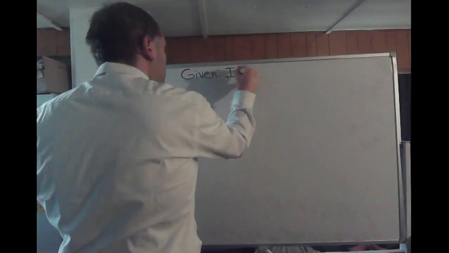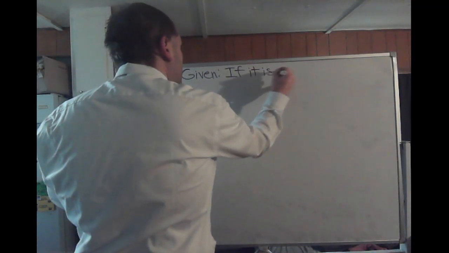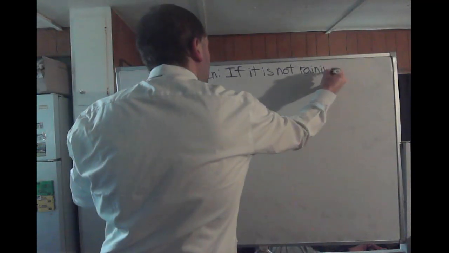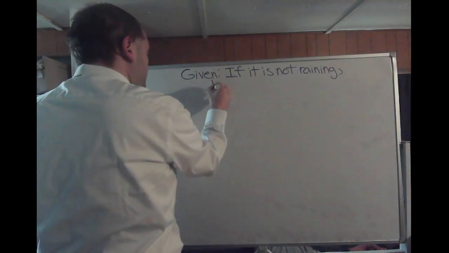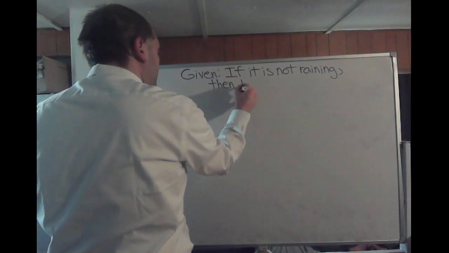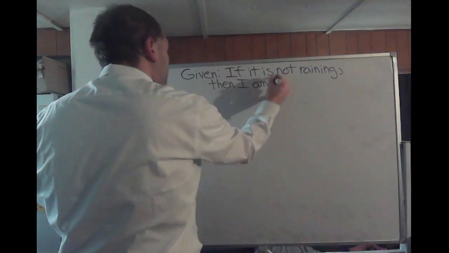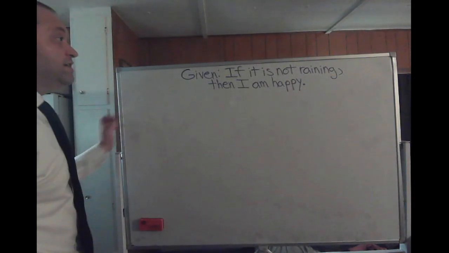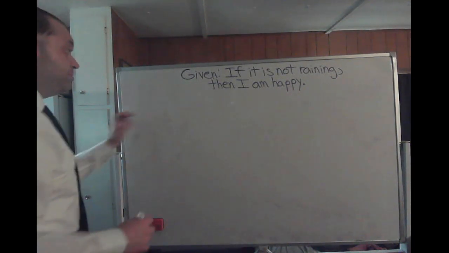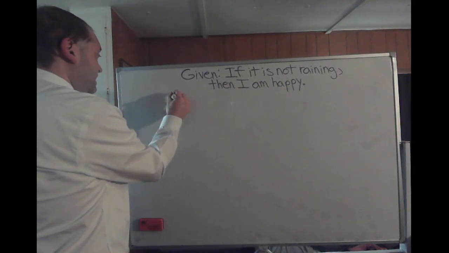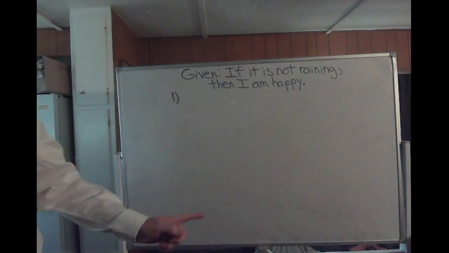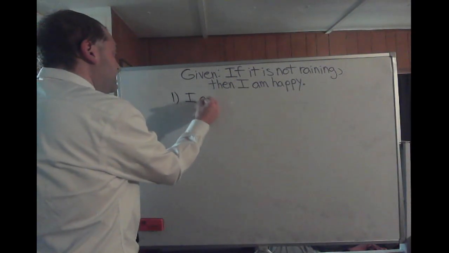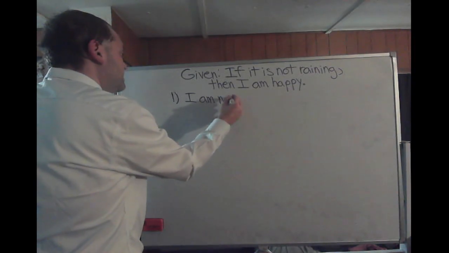If it is not raining, then I am happy. So here's a logic statement. We're given, if it is not raining, then I am happy. Well, here's the first one they give us, the first additional statement. I am not happy.